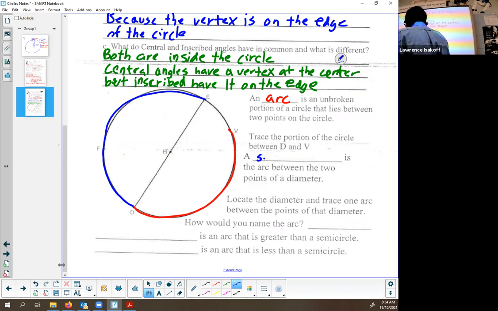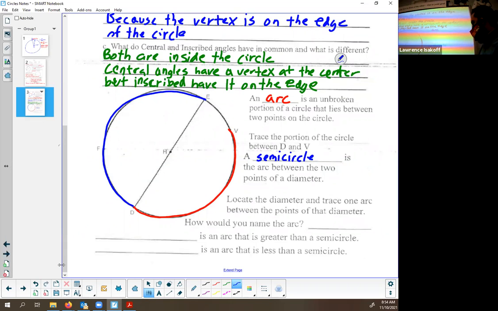So a semicircle is the arc that is between 2 points of the diameter. Locate the diameter and trace them.